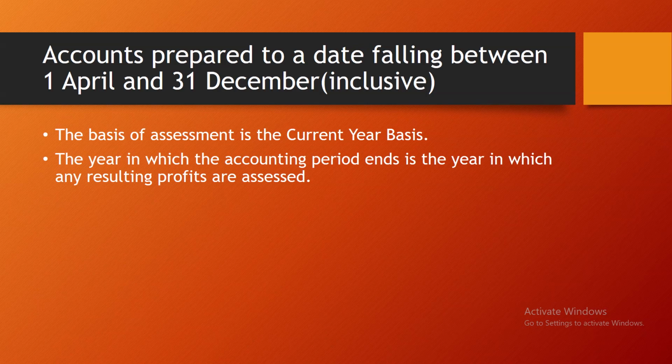When the accounting date falls between 1st April and 31st December, you should remember that the basis of assessment will be the current year basis. The year in which the accounting period ends is the year in which the resulting profits are assessed. Hence, it is termed the current year basis.